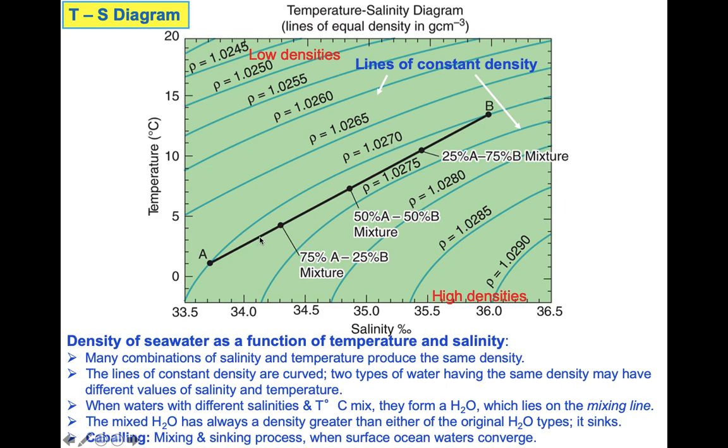So A and B have exact same densities, but if you look at the properties of water column B, you will realize that it's actually much warmer than water A. Water B has temperatures of nearly 13 degrees Celsius, and it also has much more salinity in comparison to water A. And yet they both have exact same density.